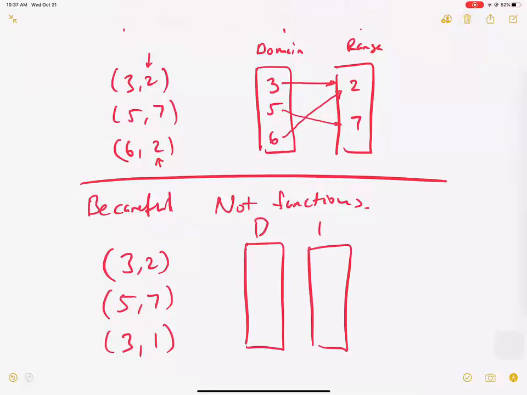Here's our domain, and here's our range. 3, 5, 1, 2, 7. Make sure you understand where I got these numbers, where I got 3 and 5 from, and where I got 2, 7, and 1.